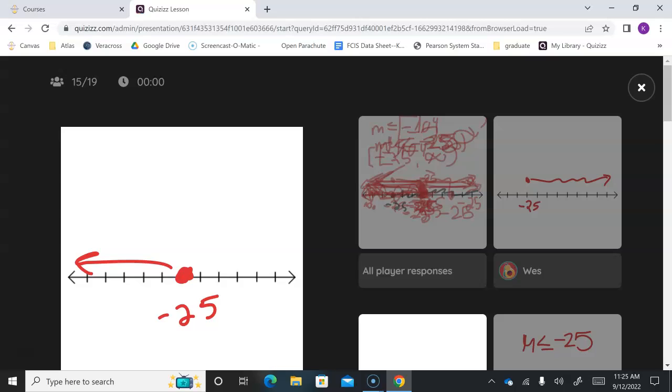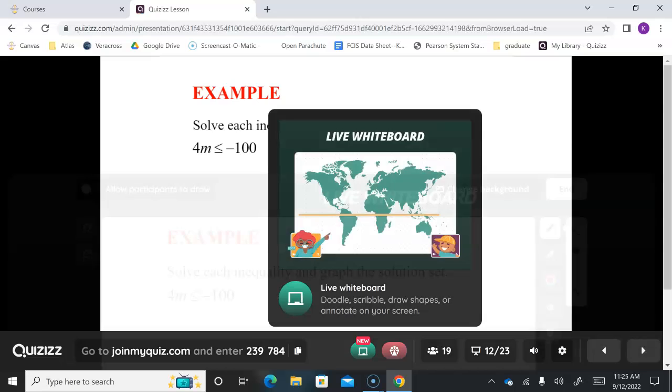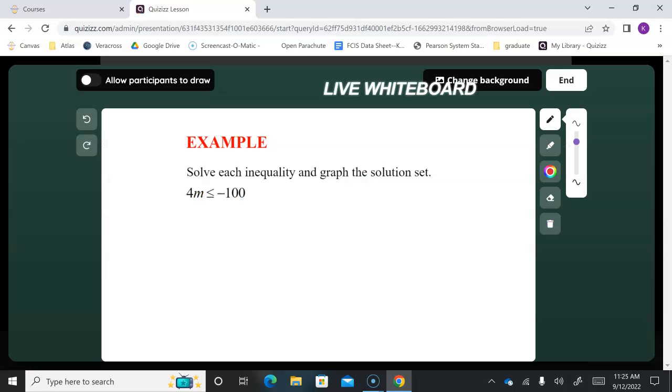Okay. Less than or equal to negative 25. Shading to the left. When we look at this, how do I get m by itself? Divide by 4. Okay. So m is less than or equal to negative 25.